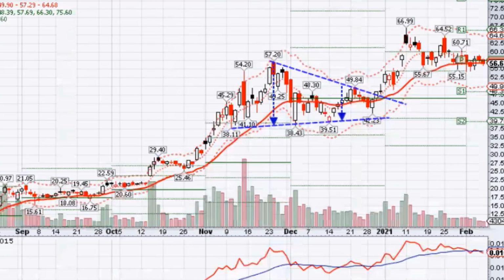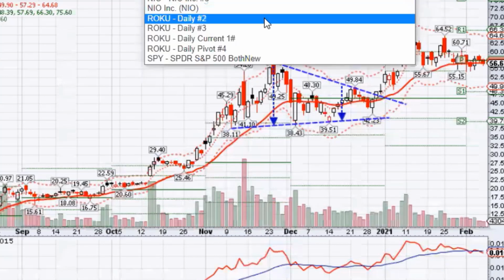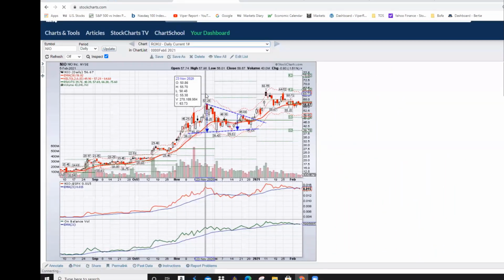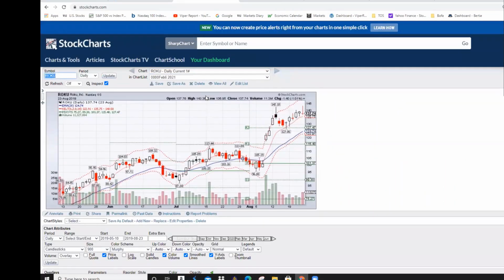Okay, well, let's change markets here. Another fun market to be in lately, or for a number of years, has been Roku. So this is a chart that takes you back into 2019.